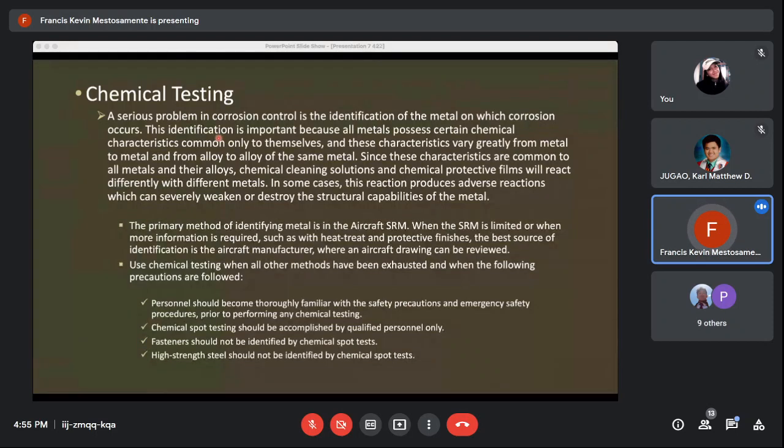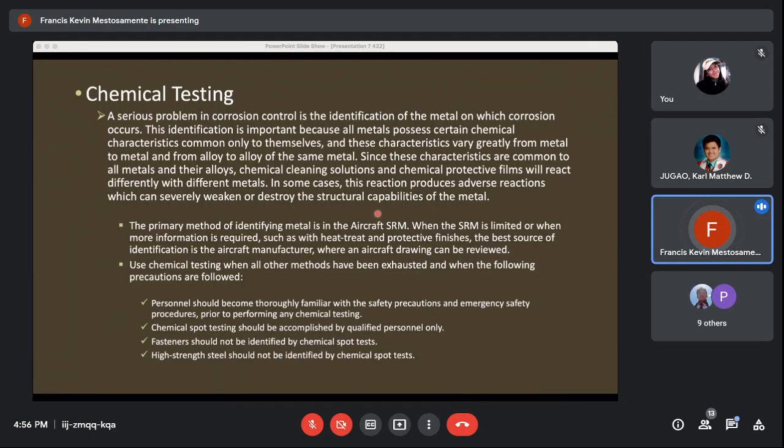Chemical testing. In reference sa kaninang slide, sabi ko nga, we'll be using mga chemical. May mga chemical na pwede sa ferrous, pwede sa aluminum, pero bawal naman sa magnesium, things like that. So very important to check yung mga documents natin with the aircraft: SRM, maintenance manual itself, or mga advisory circular from the government or service bulletin from the manufacturer, to check if the chemical that we will be using is applicable on the parts or on the material.